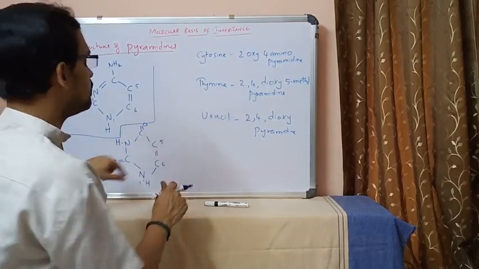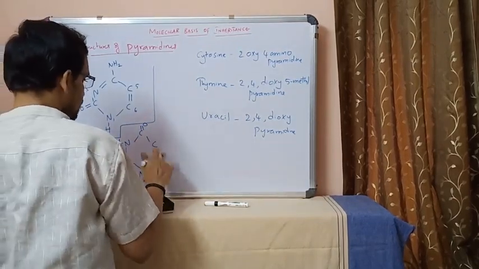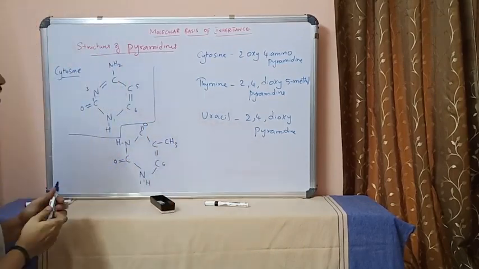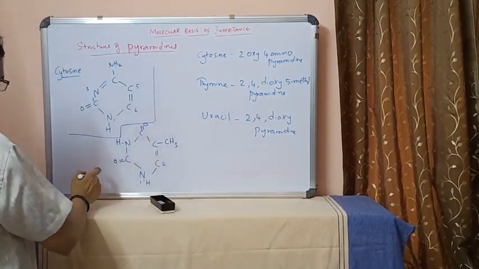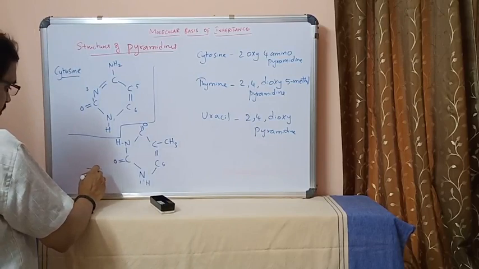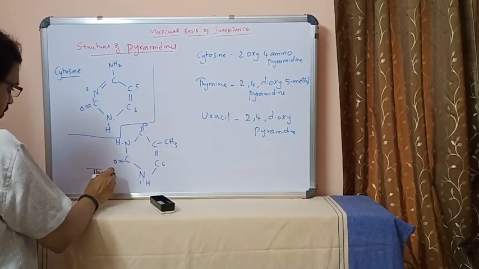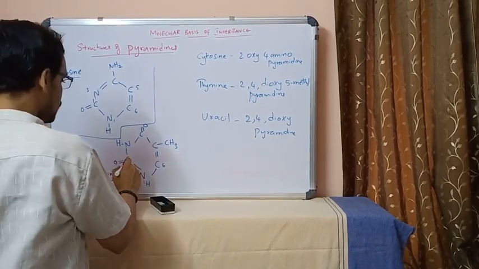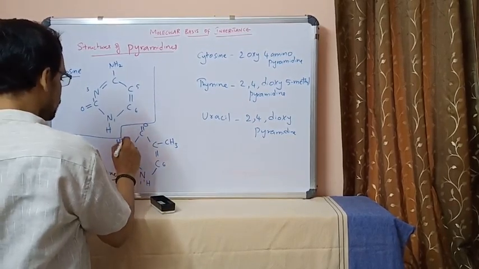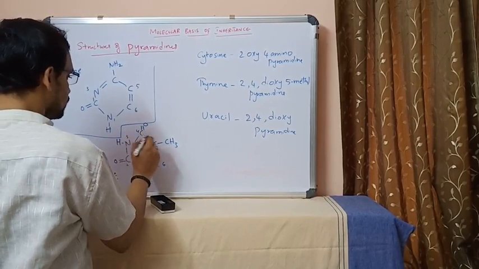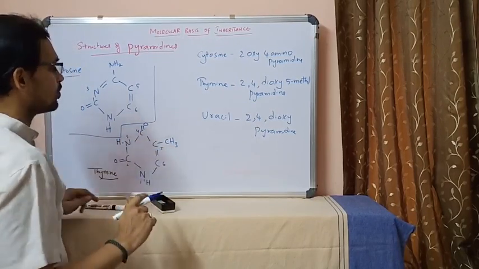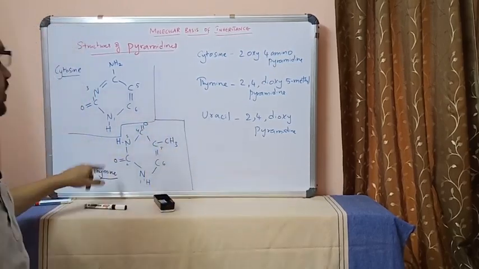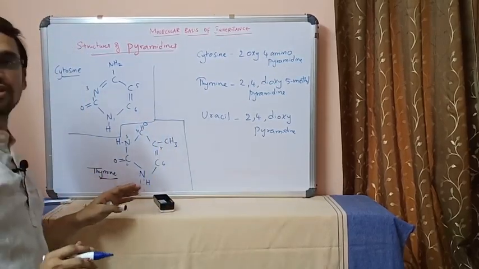The fifth position, methyl group, CH3. So this is the structure of thiamine. Now coming to the structure of uracil.